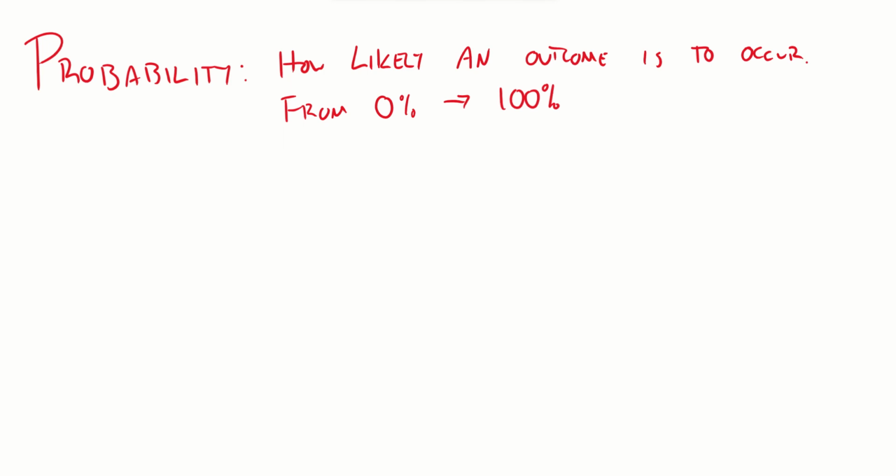A lot of the times when we talk about probability, we're going to talk about percents. We might also talk about fractions or decimals. So we're going to get back into a little bit of our converting fractions, decimals, and percents in order to solve some of this.